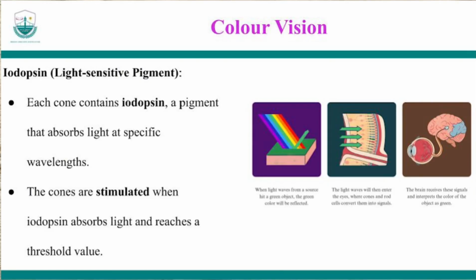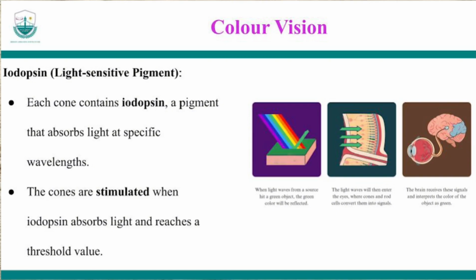Okay, so there's this image here. With this image, the science is that when light waves from a source hit a green object, the green color is what is reflected and it's what will come into our eyes.